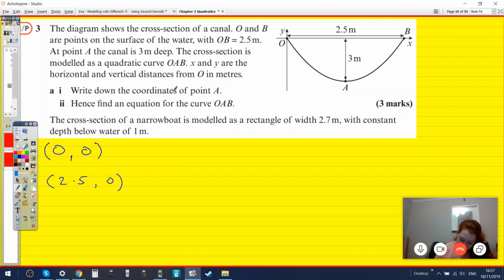Well, part 1 was just write down the coordinates of the point A. So it'll be 1.25 and then minus 3. So the equation, we can use that for the minimum.